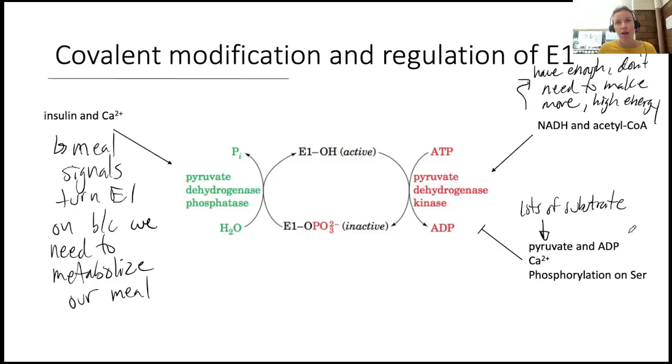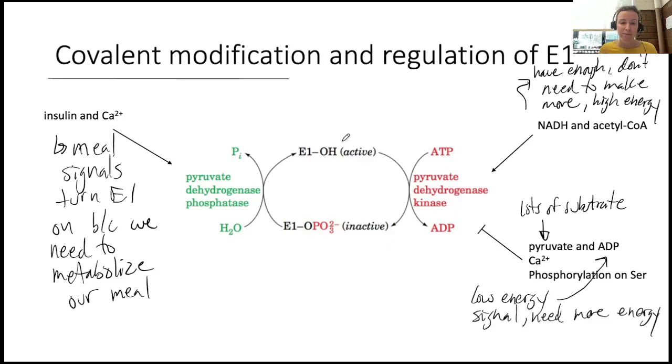That makes sense. Calcium, again, is a meal signal, so we should turn this off to metabolize our meal. ADP, on the other hand, is a low energy signal, right? Because we've already cleaved off that phosphoanhydride bond. So if there's a low energy signal, we need more energy. We should turn off the kinase so that E1 can do its thing.